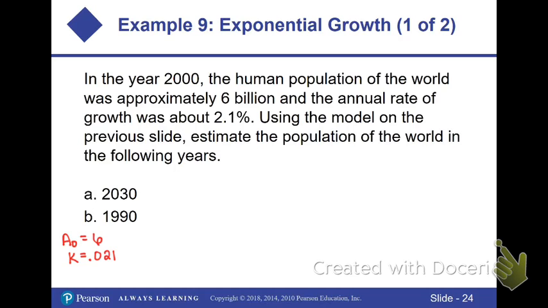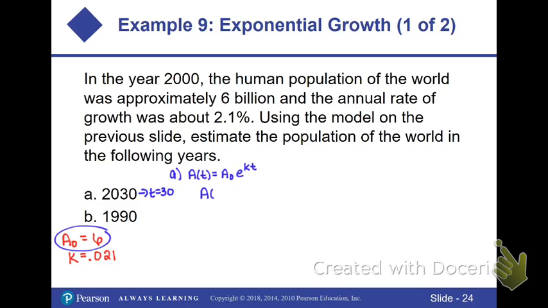All right, so for A, it tells us to find it in the year 2030. We know our formula was A of t equals A sub 0 e to the kt. But when we're looking in the year 2030, if t equals 0 was 2000, which is how we got this right here, then t is going to be 30.